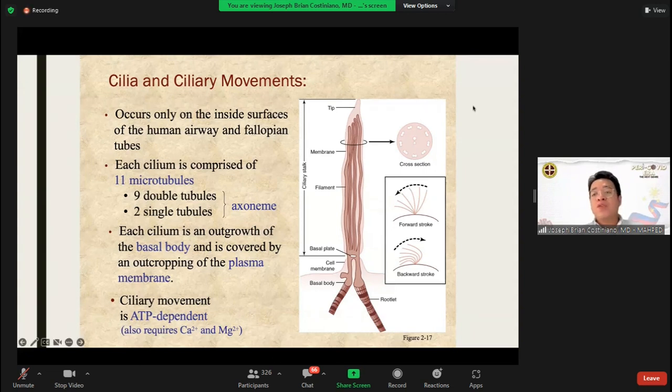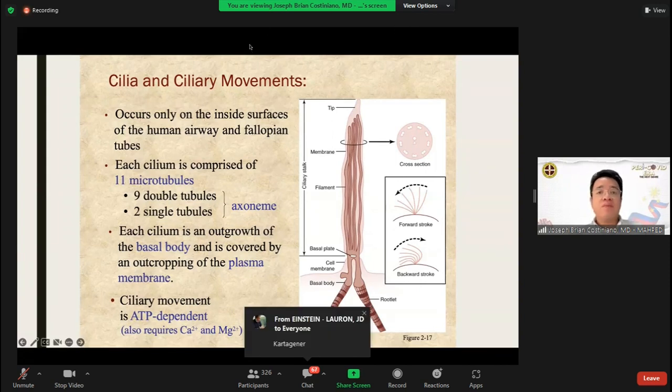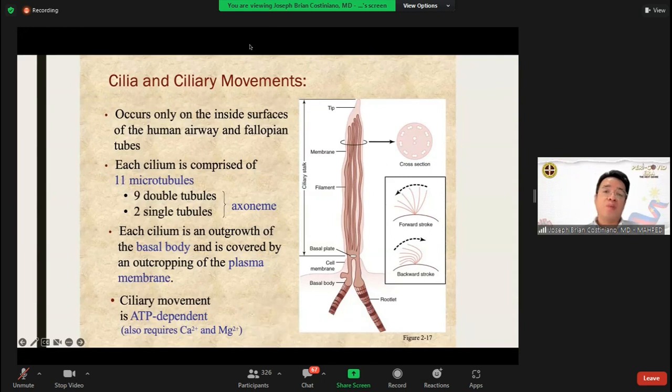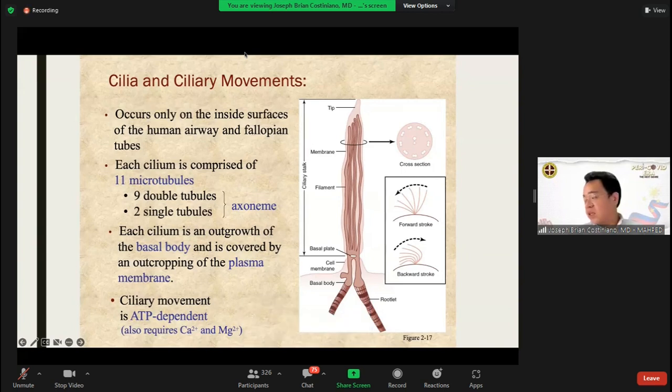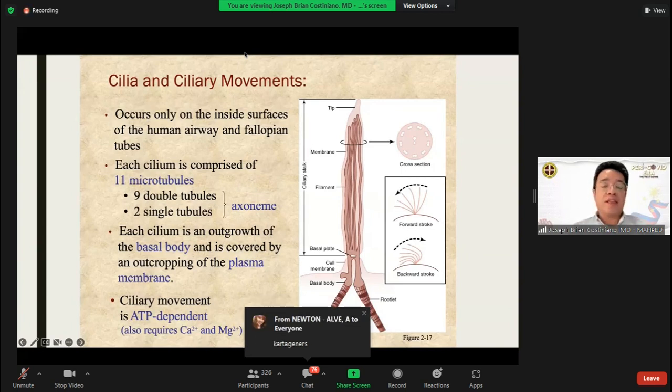Okay. So what is that syndrome wherein there is ciliary dyskinesia? Usually we have patients who come to us because of recurrent respiratory infections or sinusitis. So, very good, Kartagener's. And Kartagener's is associated with what?